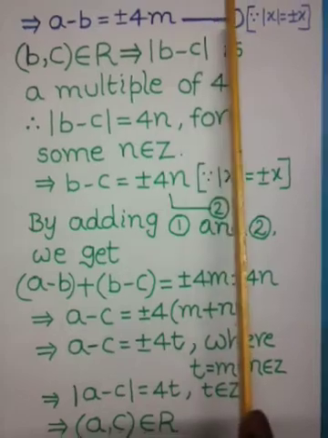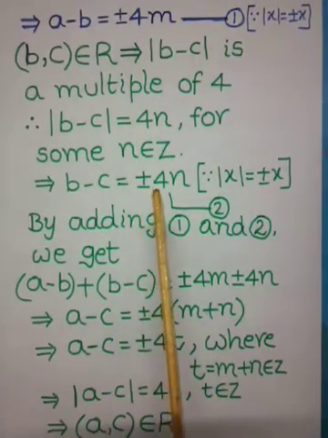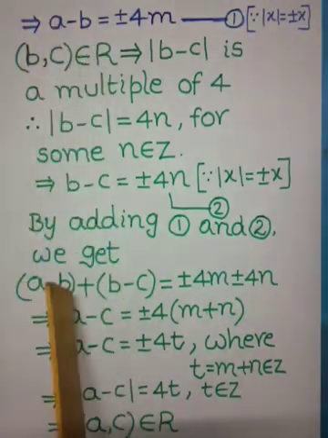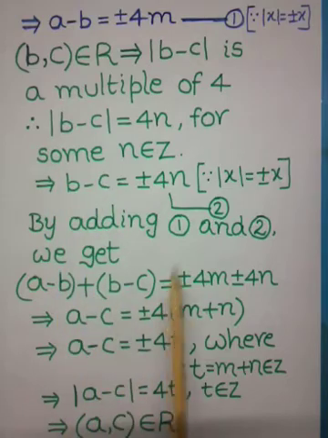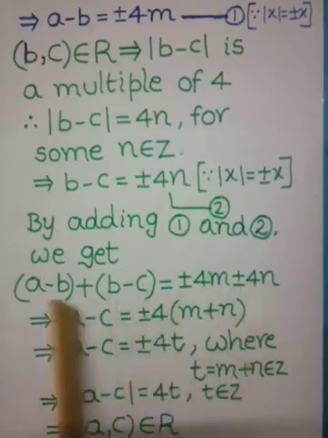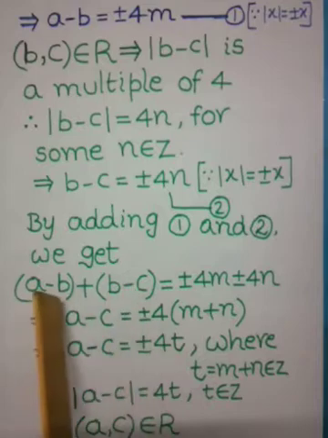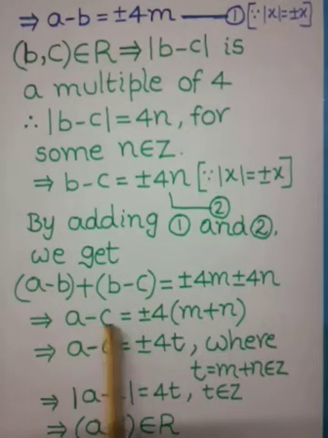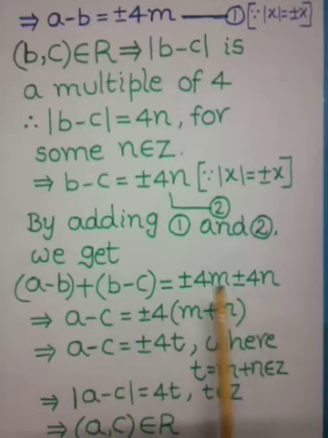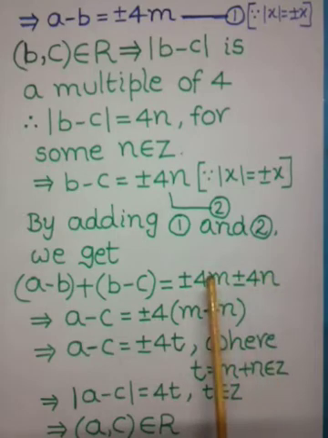We got equation 1 and equation 2. Now by adding these two equations, in LHS we get A minus B plus B minus C is equal to plus or minus 4m plus or minus 4n. Isn't it? Now by simplifying this equation, in LHS we get A minus C, and if you take out the common factor 4, you observe that 4 is a common factor for these two terms.